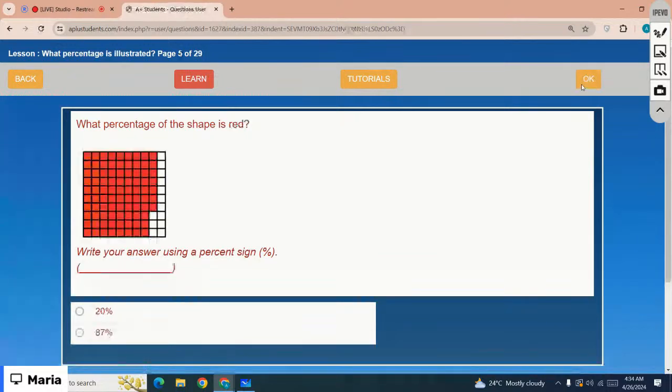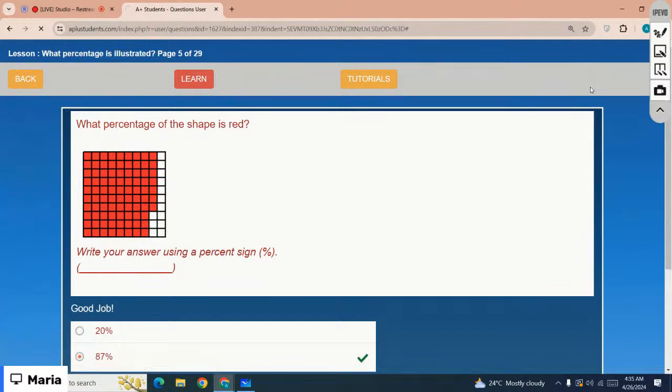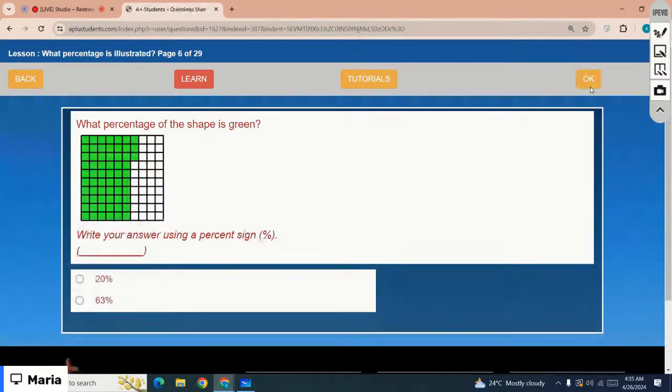What percentage of the shape is red? 87% it is. What percentage of the shape is green?